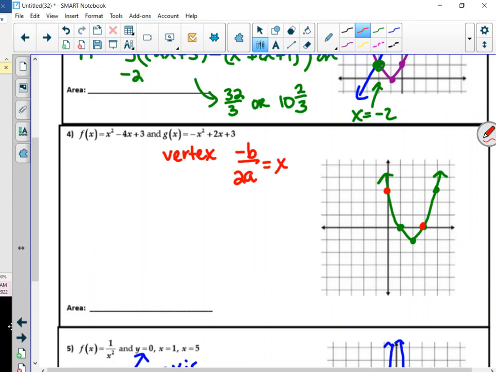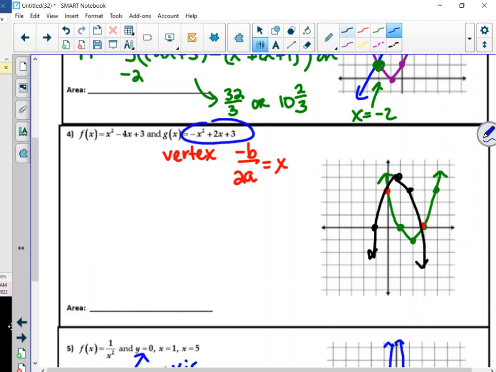So I know the vertex of this guy is at 1 and 1, and then that one and that one, and then over 2, down 4, over 2, down 4, get something like that.